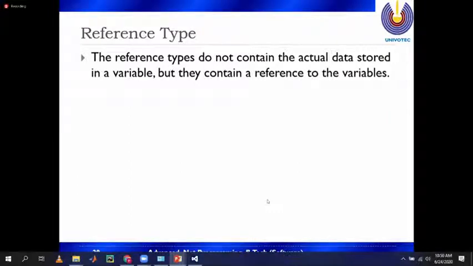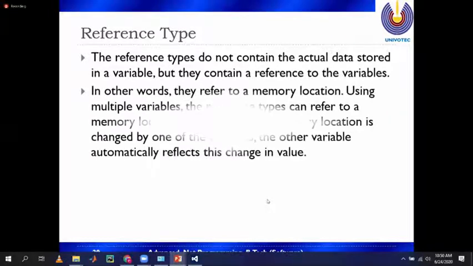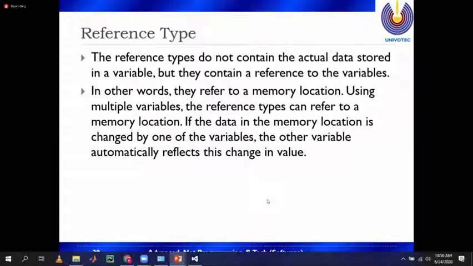In other words, they refer to a memory location. If the data type is a value type, it only allocates the memory, there is no location. But if you have a reference type, the address is also there. If you allocate the memory, the location is also allocated.